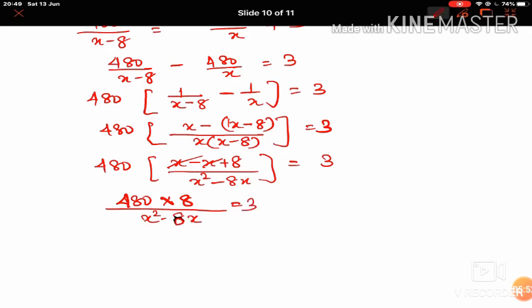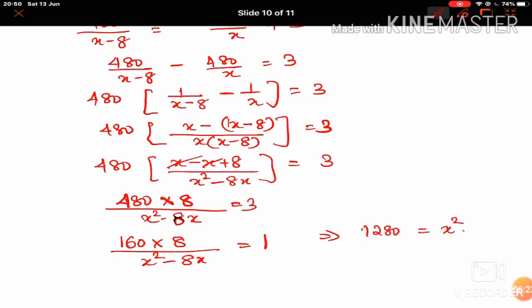Now we can divide both sides by 3. So 480 divided by 3 will be 160 into 8 divided by x square minus 8x, and dividing the right side by 3 will give us 1. Now we can cross multiply. So we get 160 into 8, that is 1280, equal to x square minus 8x.